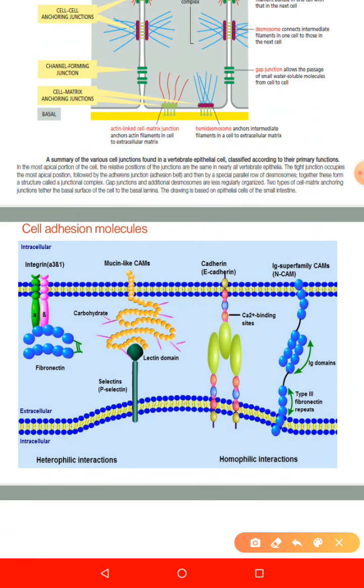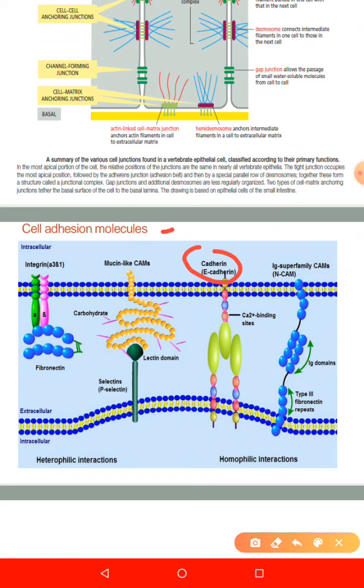Okay, so these are cell adhesion molecules, which is the last part. What are cell adhesion molecules? These are cell proteins which are situated on the cell surface. We have proteins such as cadherin.